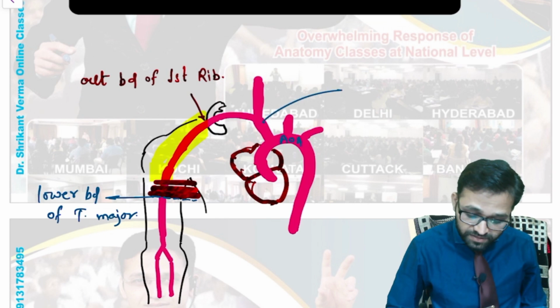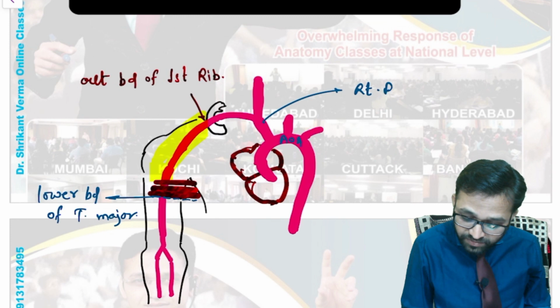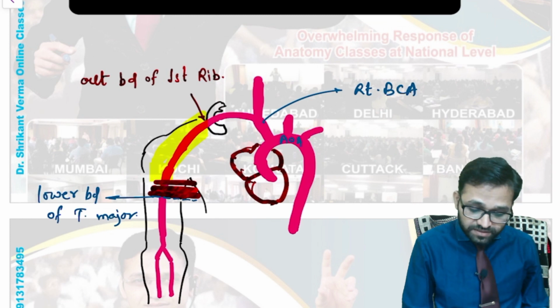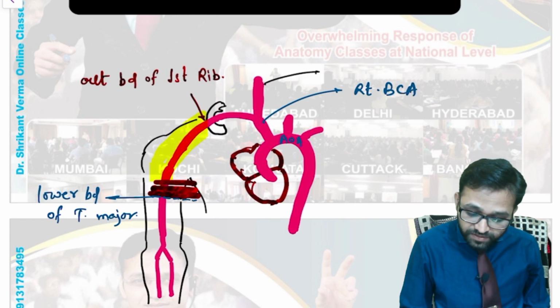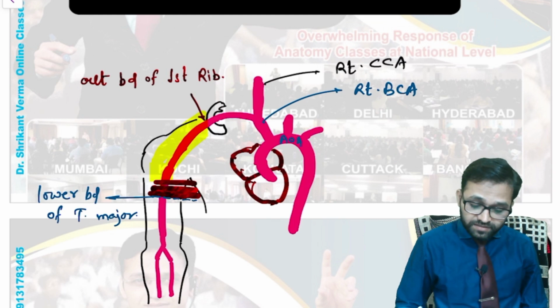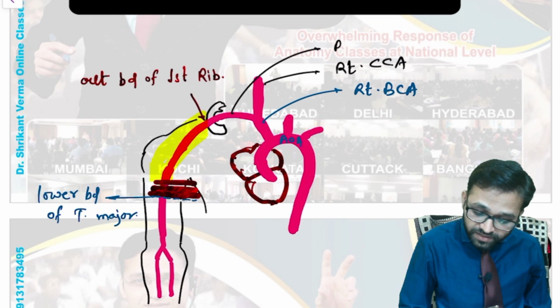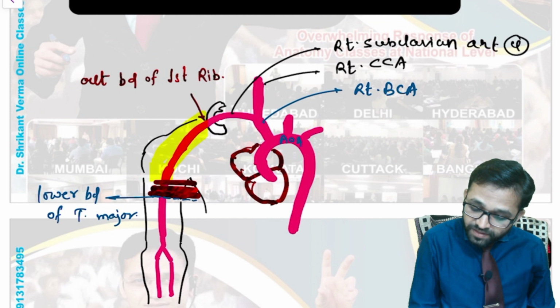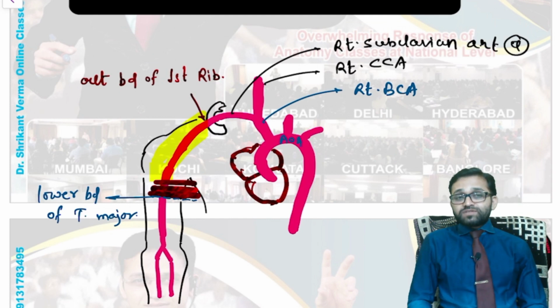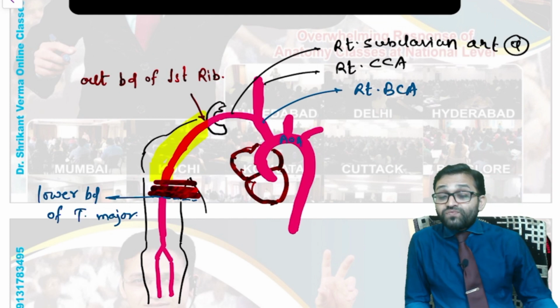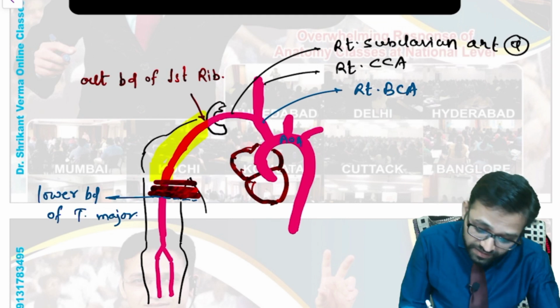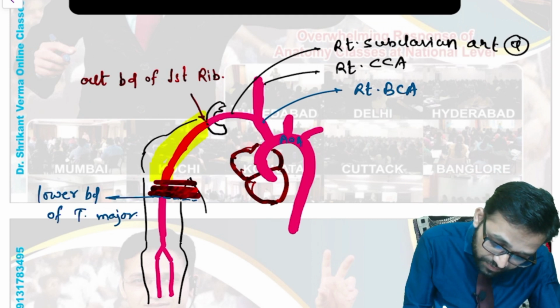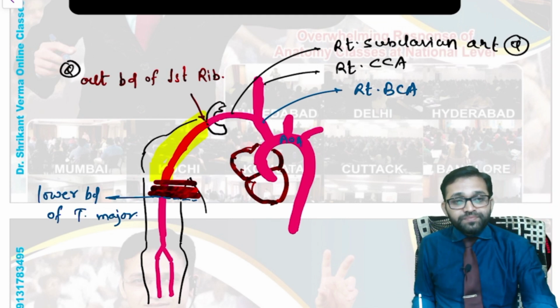What I want to tell you, see here, this particular artery is the arch of aorta. This is the right brachiocephalic artery. Here is the right common carotid artery. Here is the right subclavian artery. In our introductory class of the upper limb, we saw where this right subclavian artery ends: the outer border of the first rib.